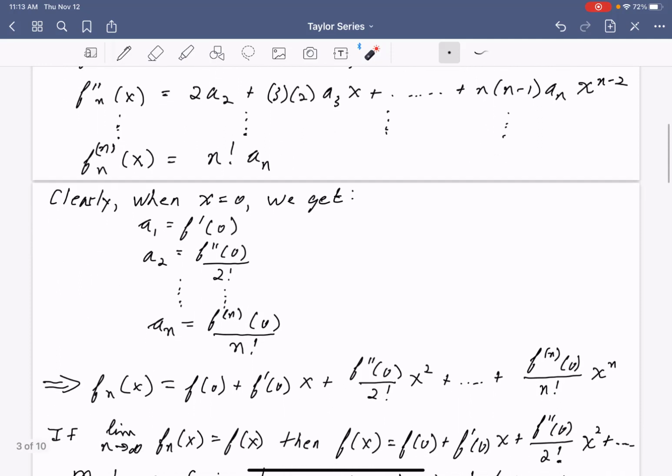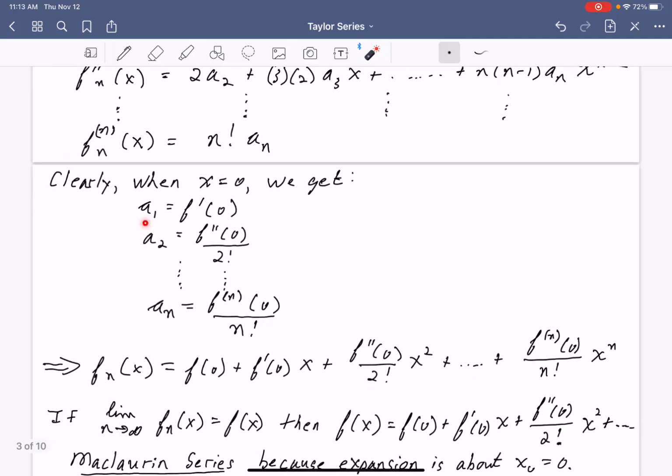Clearly, when x is 0, we get a1 is f prime of 0, a2 is the second derivative evaluated at 0 divided by 2 factorial, and we keep going, an then is the nth derivative evaluated at 0 divided by n factorial. And if you'll recall, n factorial is simply n times n minus 1 times n minus 2, and so on till we get 1.